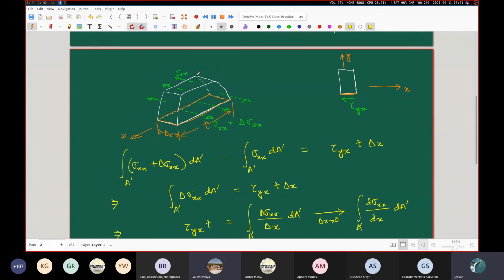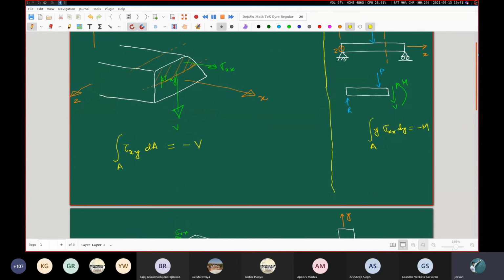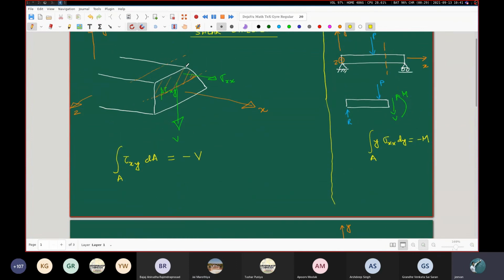Yes, this top surface is actually free from stresses because it is the actual top surface of the beam. There are no direct shear forces acting on that. It is completely free from any shear stresses, neither along the z direction nor along this x direction.